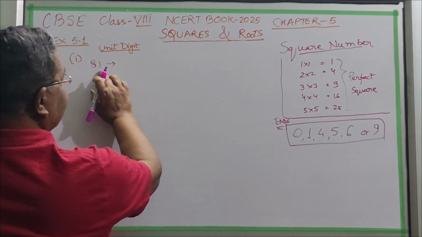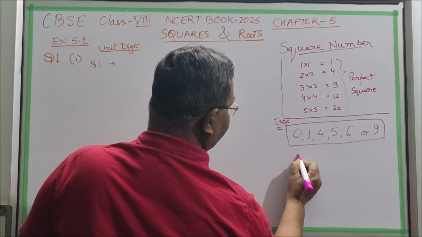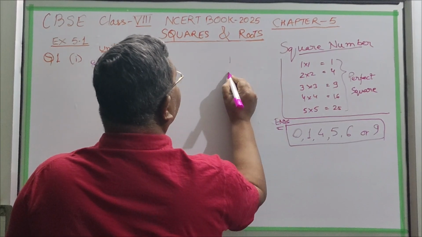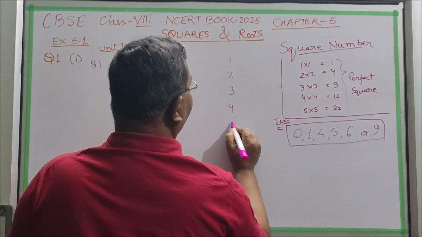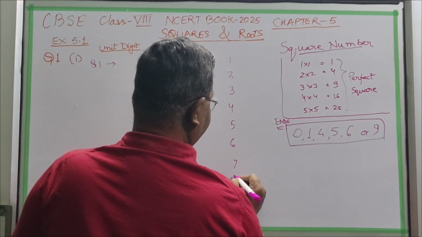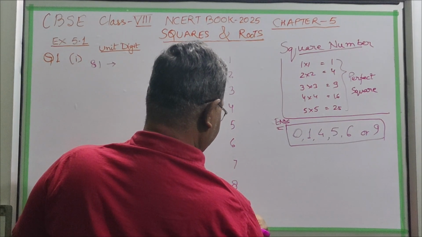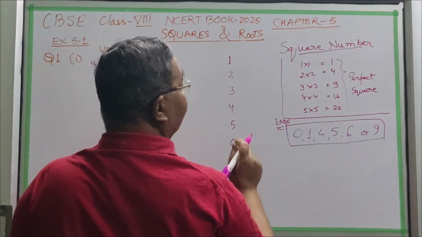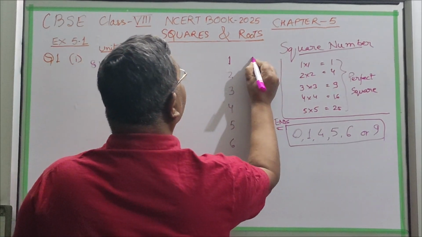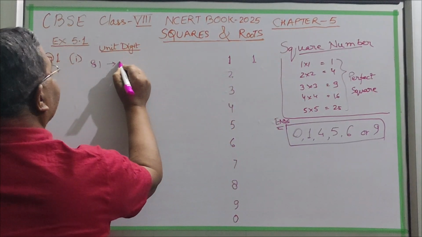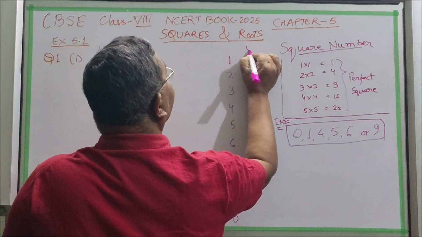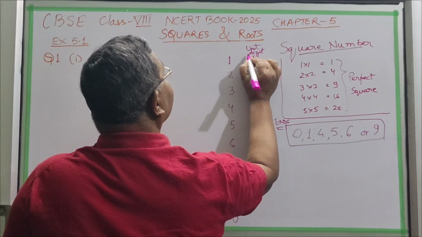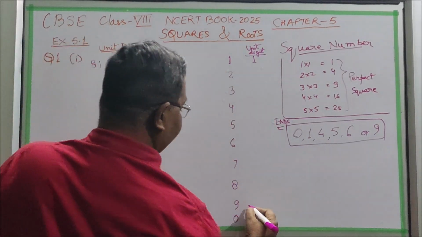If any number has 1 at the end, its square also ends in 1. So for 81, its unit digit will be 1.